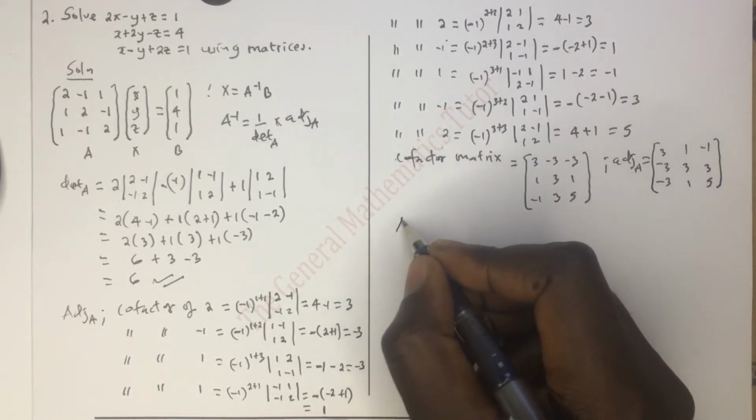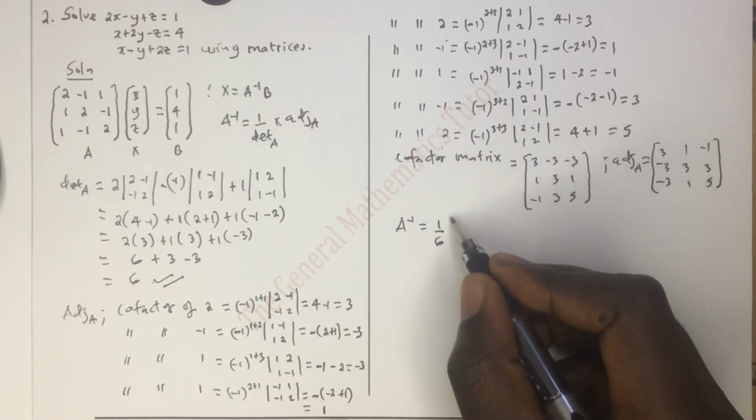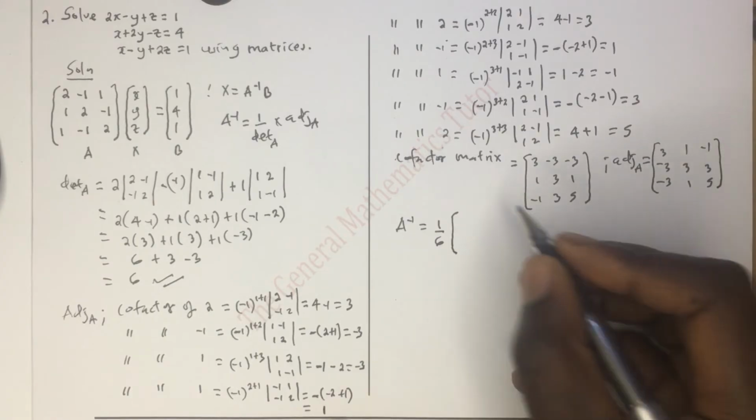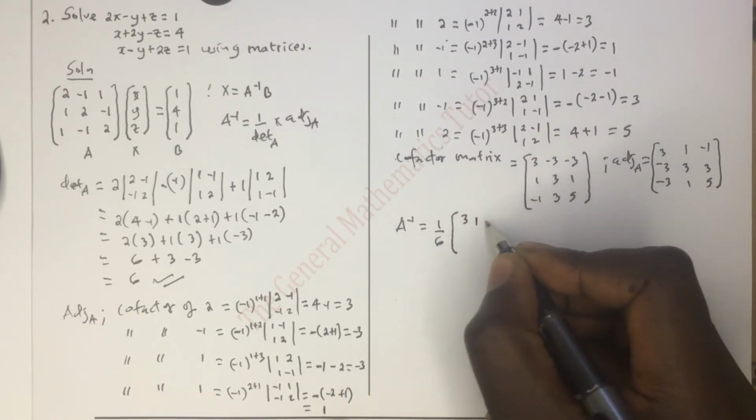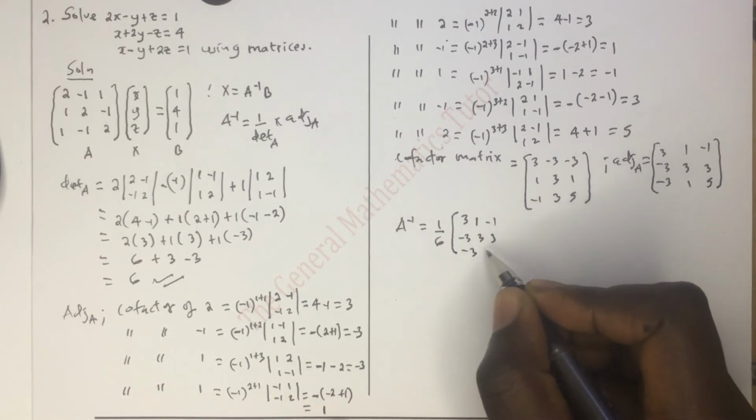So now we can obtain the inverse of A by taking 1 over the determinant, which was 6, times the adjoint, that is 3, 1, negative 1, negative 3, 3, 3, negative 3, 1, 5.